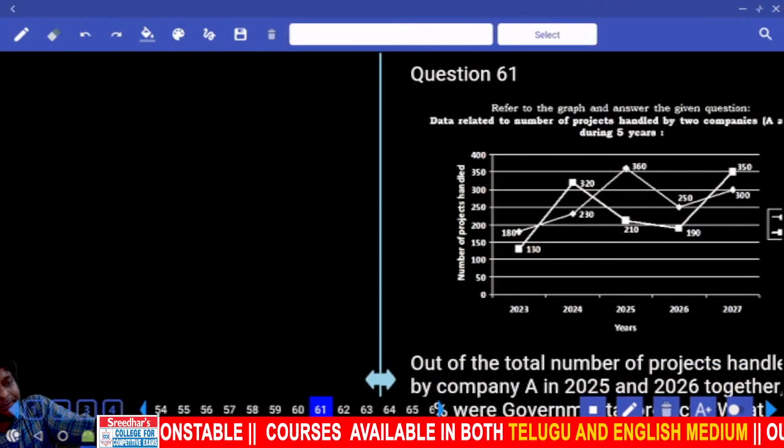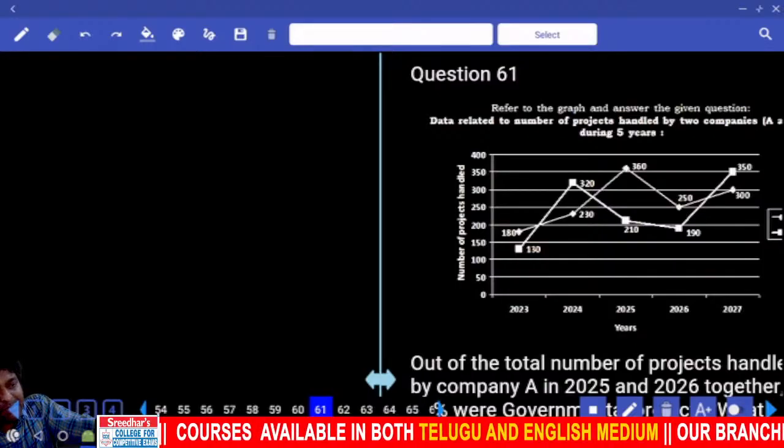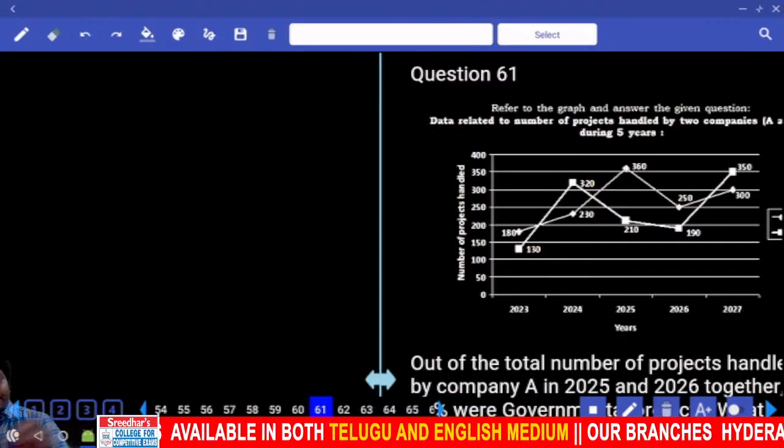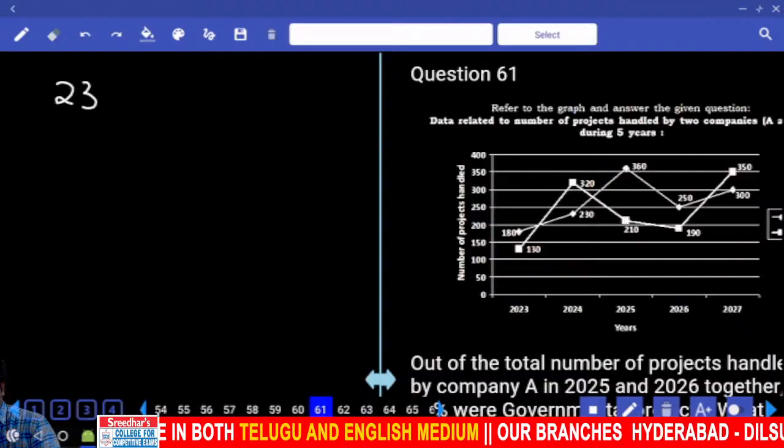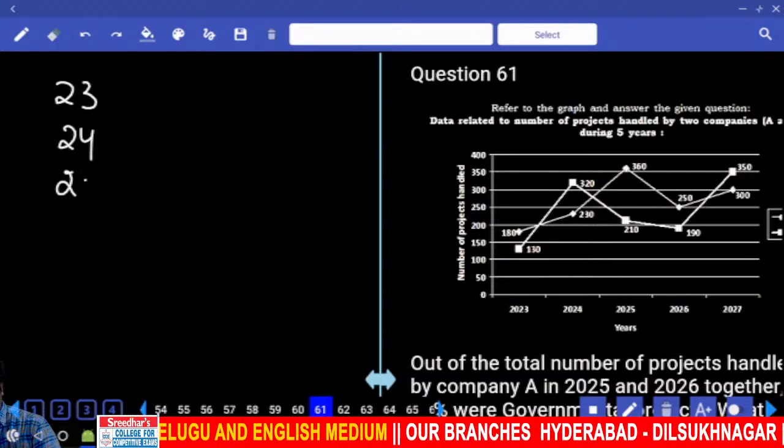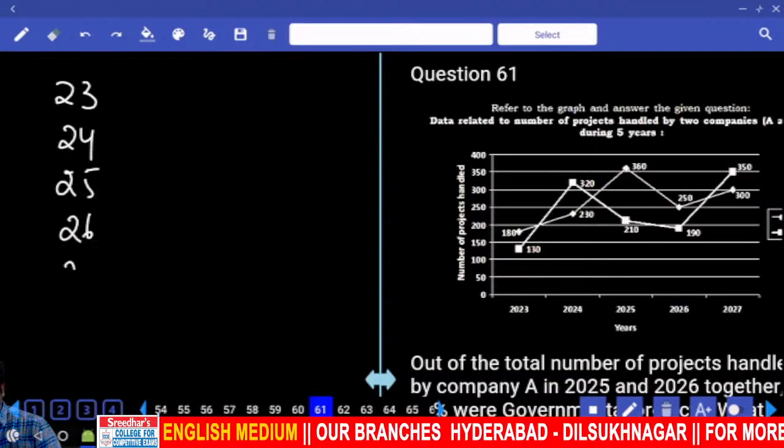Data related to the number of projects handled by two companies A and B during 5 years: 23, 24, 25, 26, 27.